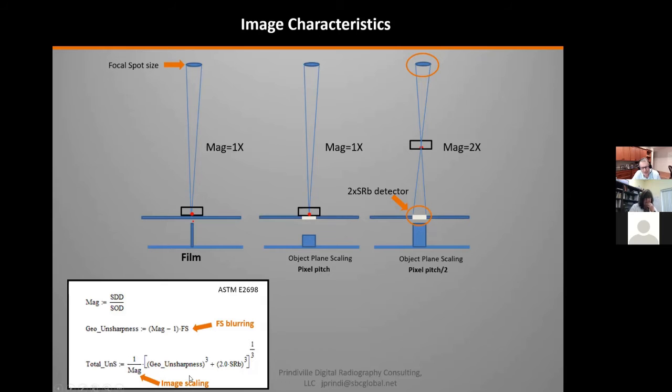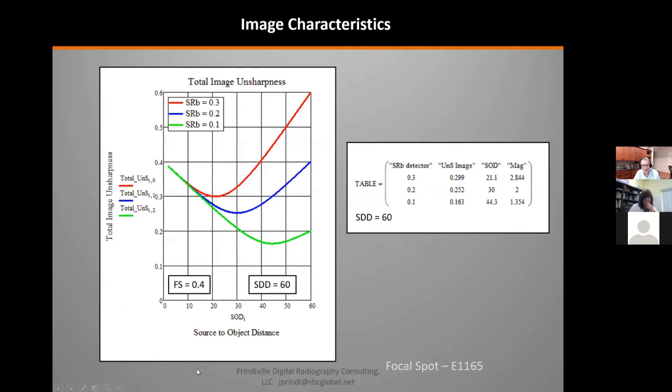This helps, this hurts. So if we look at a chart, here we have a source detector distance of 60 inches, and we have an SRB of the detector, let's say 300 microns, and one at 200 microns and one at 100 microns.